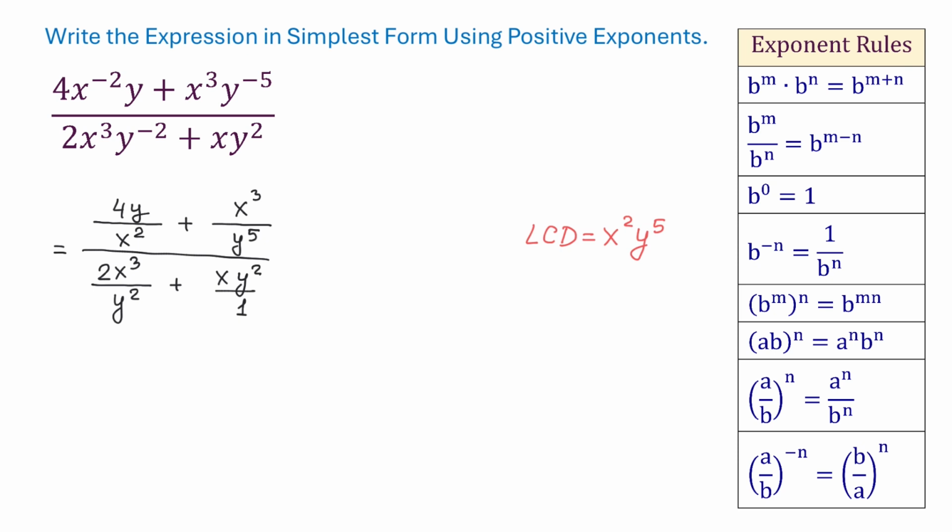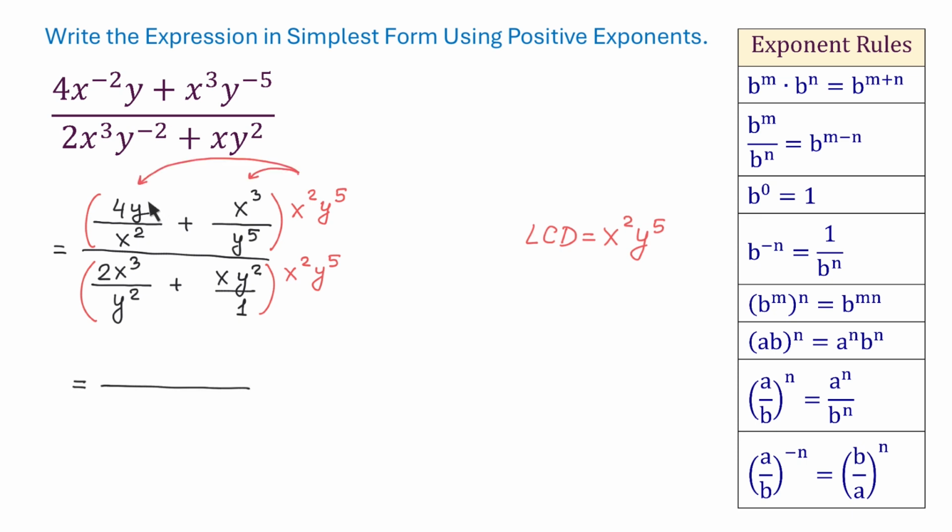So I form a product of each variable with the highest exponent. Now I will multiply both the numerator and the denominator by x squared y to the 5th power. And now to multiply and remove the parentheses, I will use the distributive property.